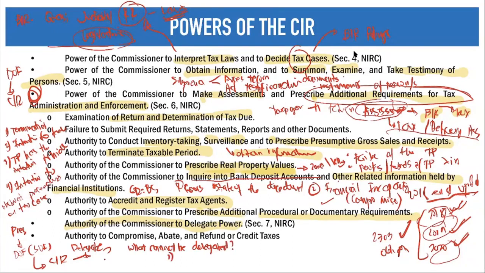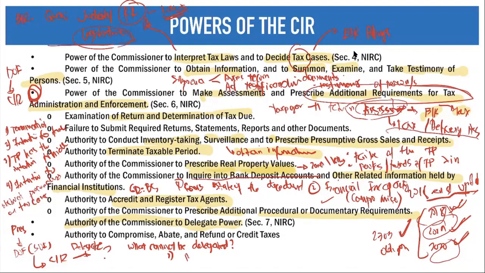So the following cannot be delegated, or the non-delegable powers of your Commissioner. That is to issue rules and regulations, or the RRs. If you still remember RR, we said, please do not forget this. We have here the functions of the BIR. The functions of the BIR are now administered by the CIR through the powers of the CIR.